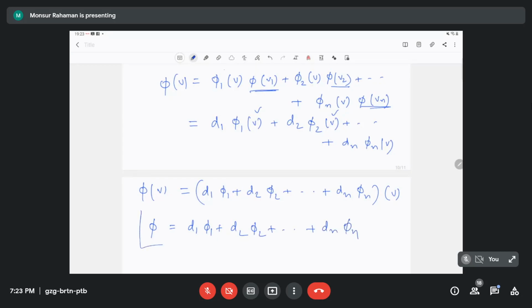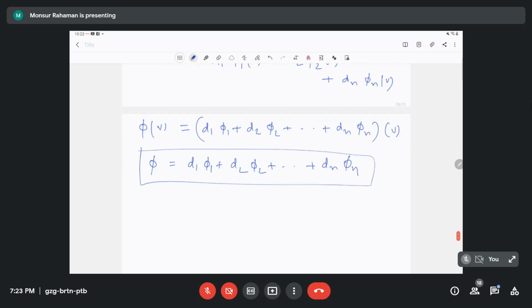So what have you proven? That you can express any arbitrary functional as a linear combination of phi 1, phi 2 and phi n. Okay. So if you want to prove that any set of vectors is a basis, you have to prove that it can express any vector as a linear expression, and also you have to prove that the set of vectors is linearly independent.